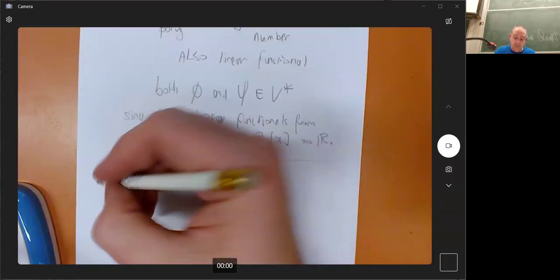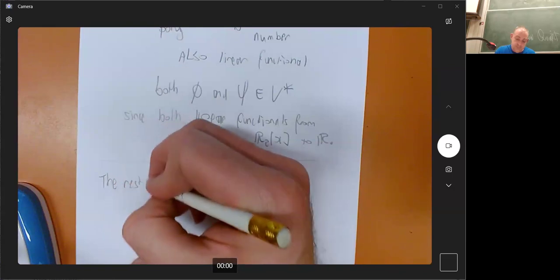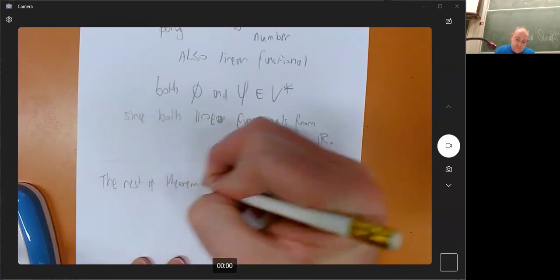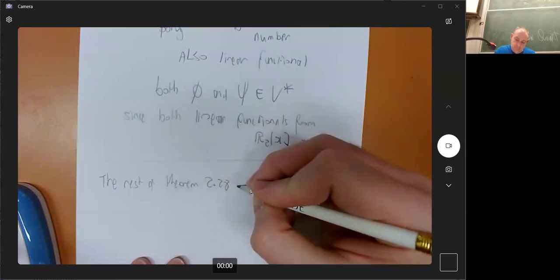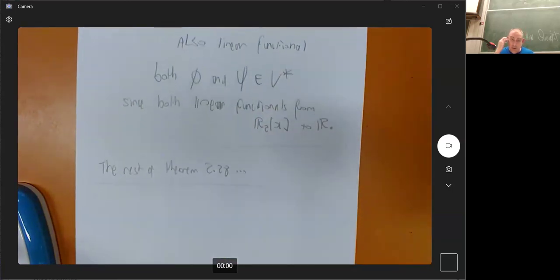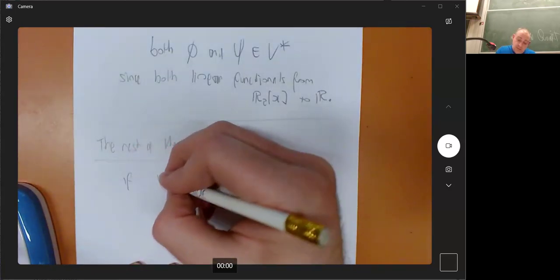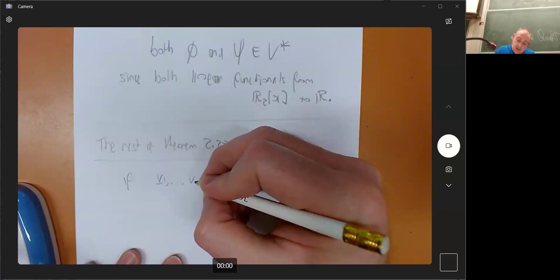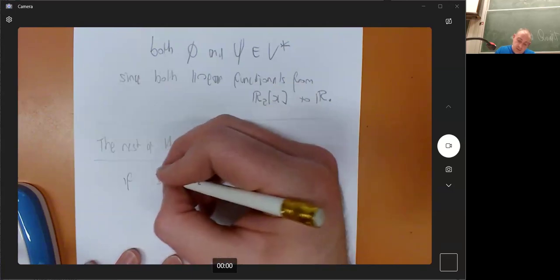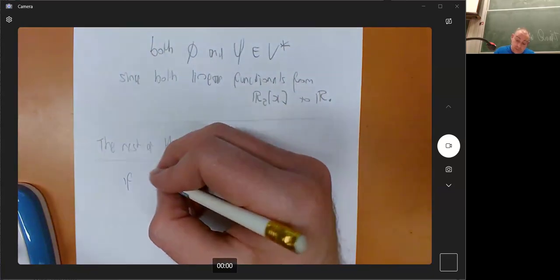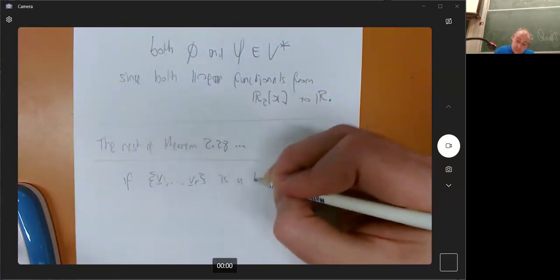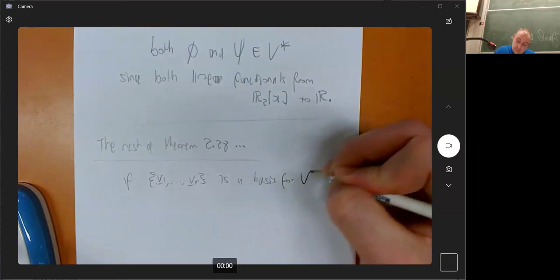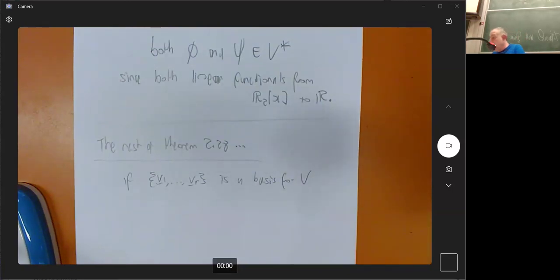So the rest of that theorem, theorem 2.28, goes: if V1 up to VR is a basis for V, then it is possible to find a basis for V star with the same number of linear functionals in it.